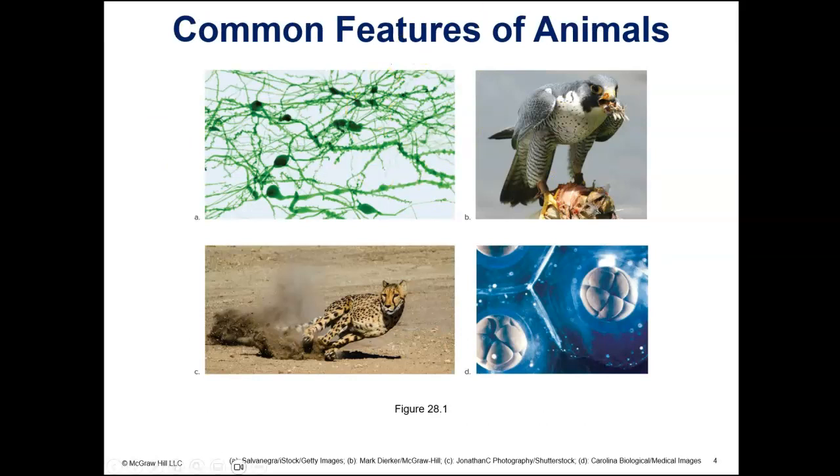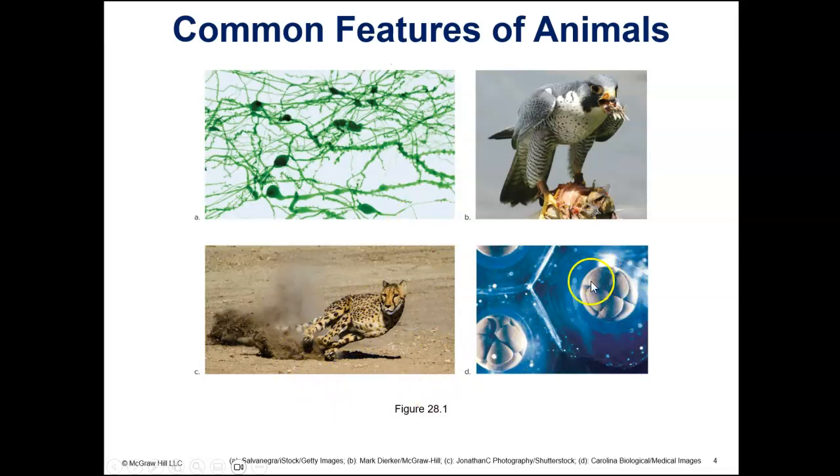And here in picture A, we see the nervous tissue, neurons and nerve cells of animals. Of course, here we see, is that a falcon? We know it's a bird that's a predator that's eating its prey. And then we have a cheetah, fastest animal on earth.